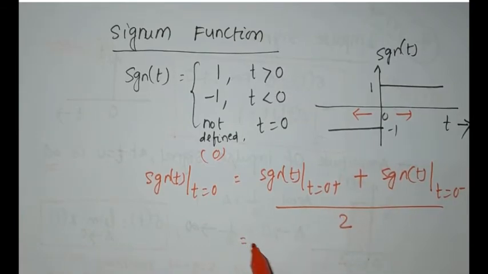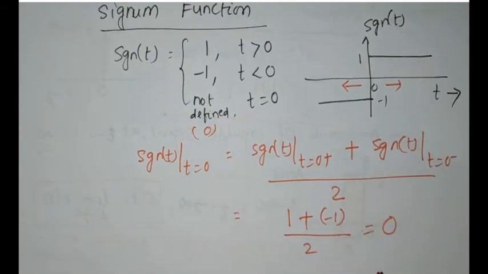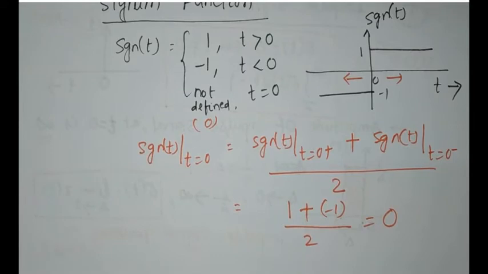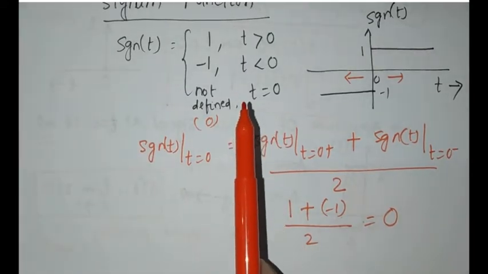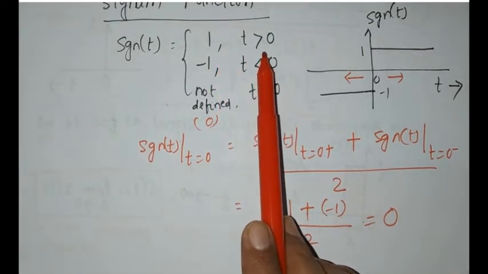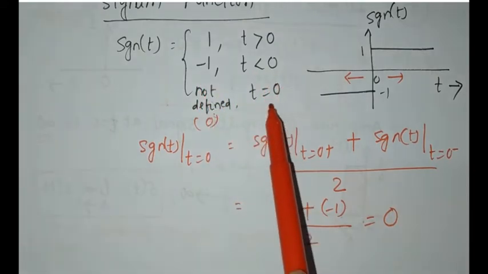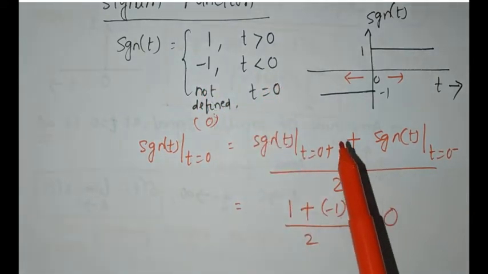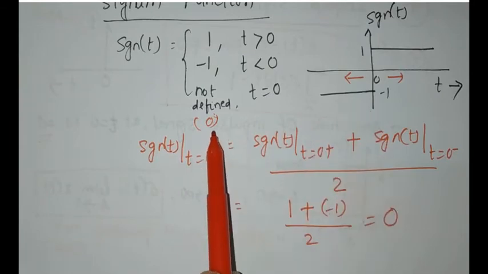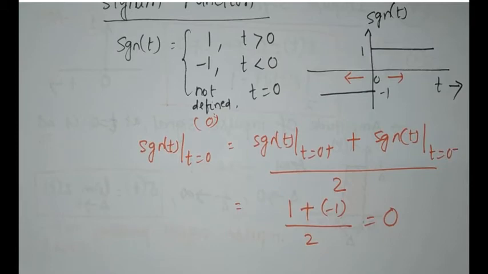That equals, for 0 plus the value is 1, for 0 minus the value is minus 1, divided by 2, equals 0. That's why we can define the signum function like this: 1 for t greater than 0, minus 1 for t less than 0, and not defined for t equals 0, or we can write approximately it is 0 for t equals 0. Clear?